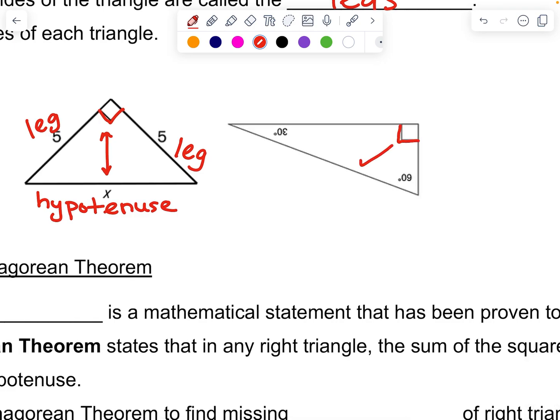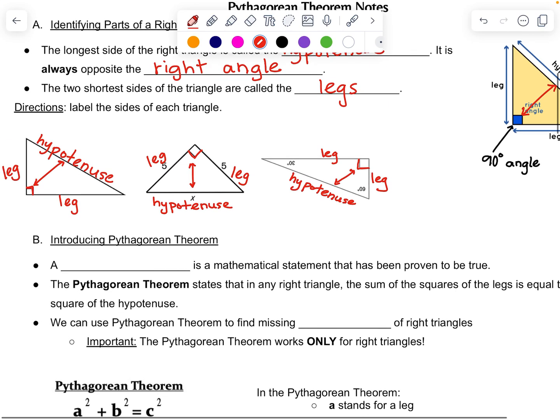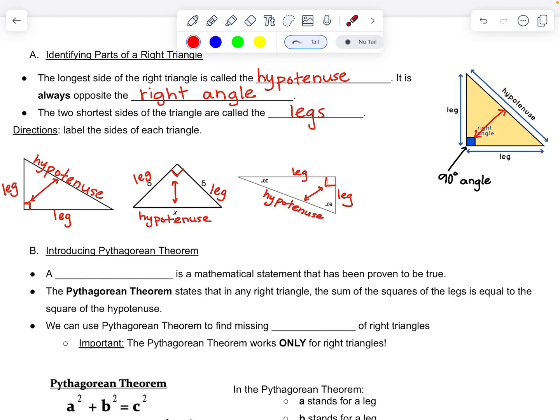Here, one more right triangle. Right across from the right angle, we have our hypotenuse. Meaning that this is a leg and this is a leg. Okay, easy peasy. That's our first skill, skill A. Just knowing how to identify the different parts of the right triangle.